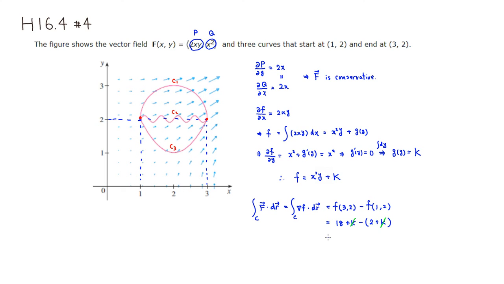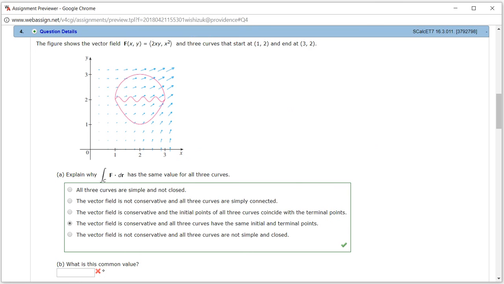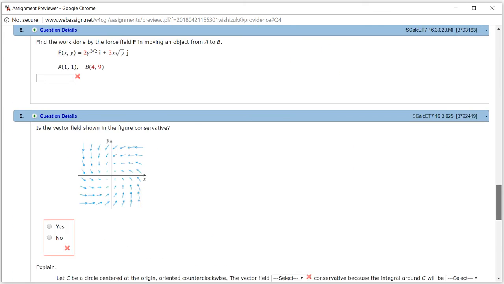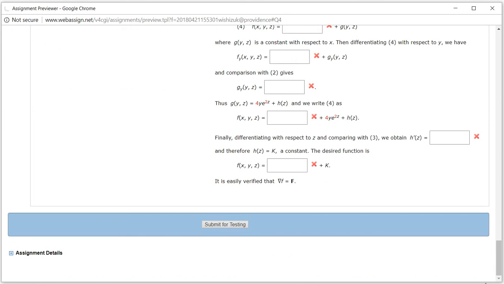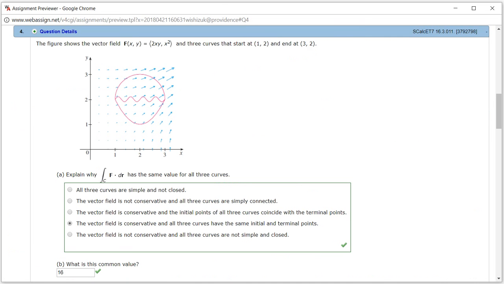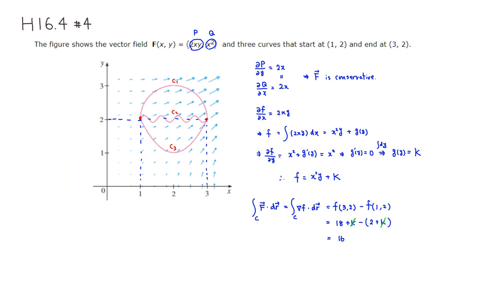So this comes out to be 16, and the common value is 16. Let's type in 16 here and submit for testing. It came back and looks like we got this one correct. That's it. I hope that this was clear.